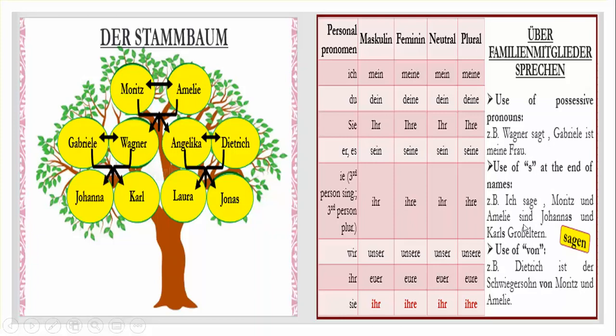So I say Moritz and Amelie are Johanna's and Karl's grandparents. And if we have a look at the family tree, this is true.